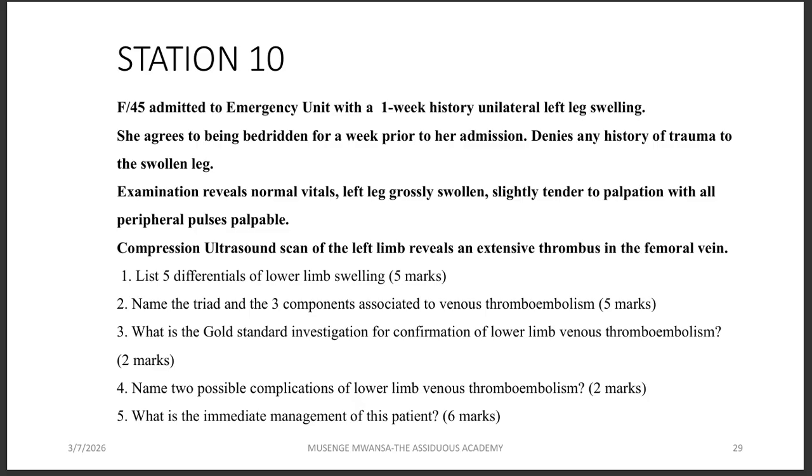Endothelial injury. Number 2, stasis. Number 3, hypercoagulability. Okay, great. Nice.